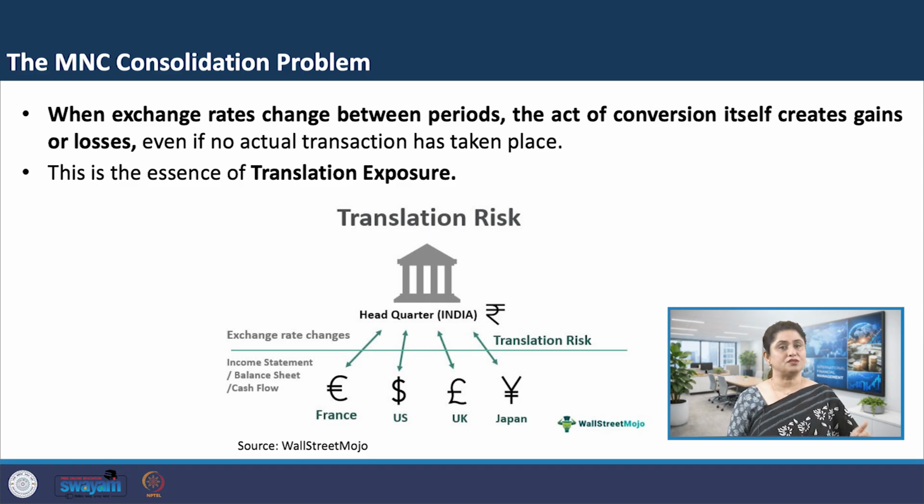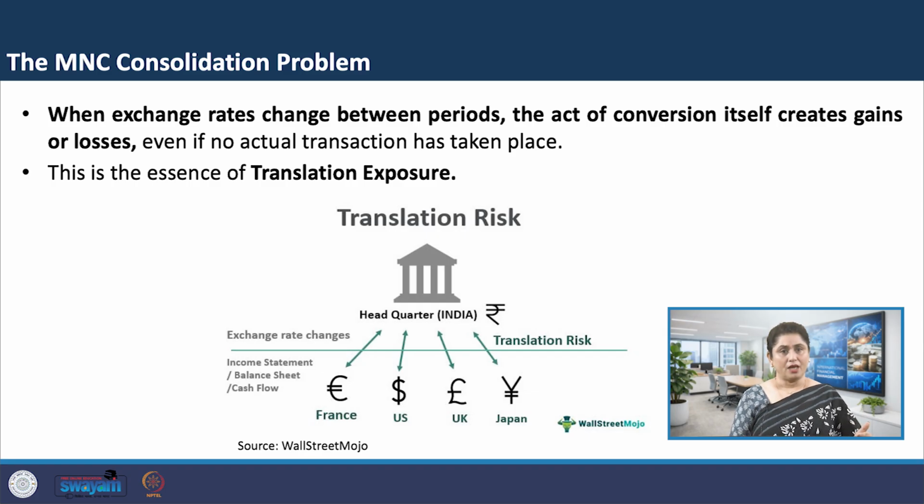Each of these subsidiaries prepares its financial statements in its own local currency. The France subsidiary prepares its financial statements in euro, the USA subsidiary does it in dollars, while the UK subsidiary prepares its financial statements in pounds, and Japan's subsidiary does it in yen.